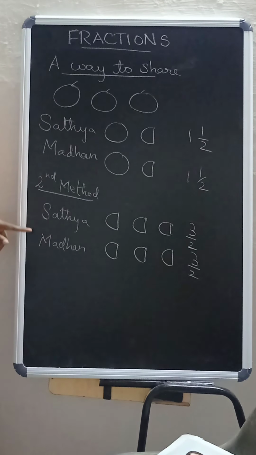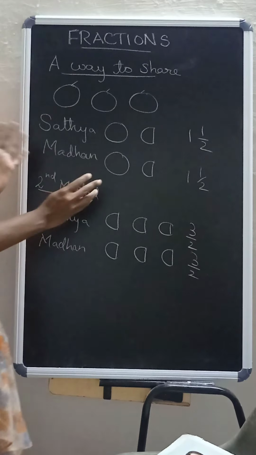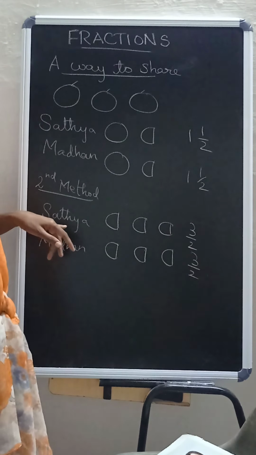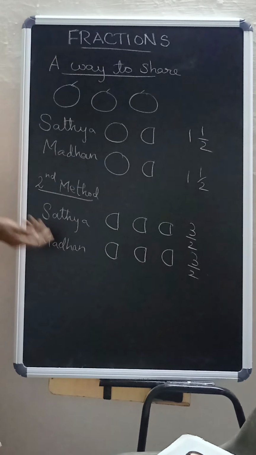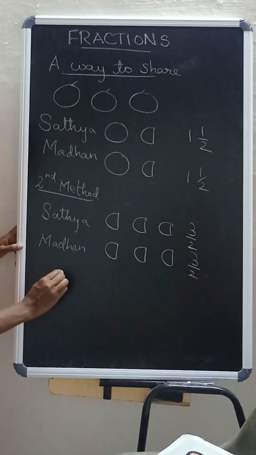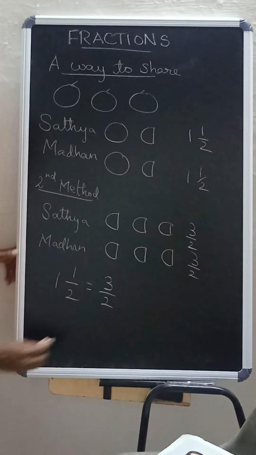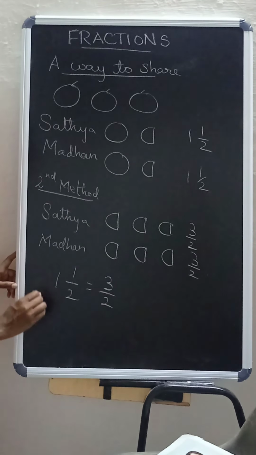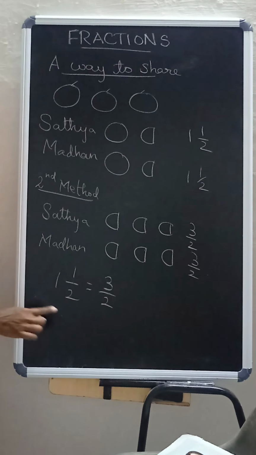In the second method, Madan split it into half. So each gova is split into half, and each of them got 3 by 2. Now on comparing the first method and second method, what can you write? 1.5 is equal to 3 by 2. Now this is called a mixed fraction and this is called an improper fraction.